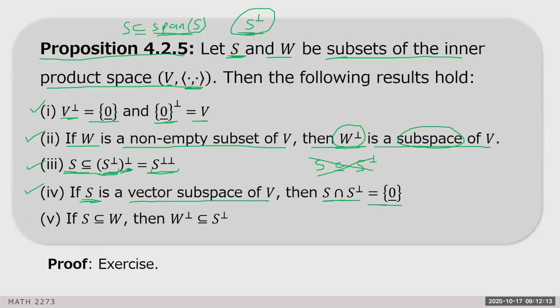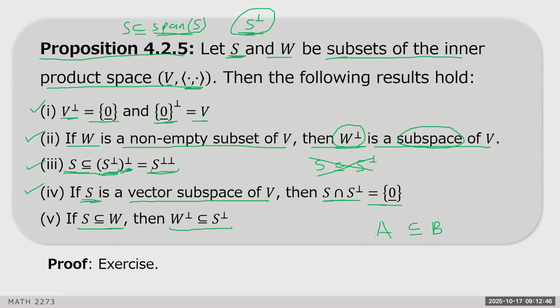And the fifth one: if S is a subset of W, then the orthogonal complement of W is contained in the orthogonal complement of S. To explain this, if you have something like A subset of B, what are some operations you all know?